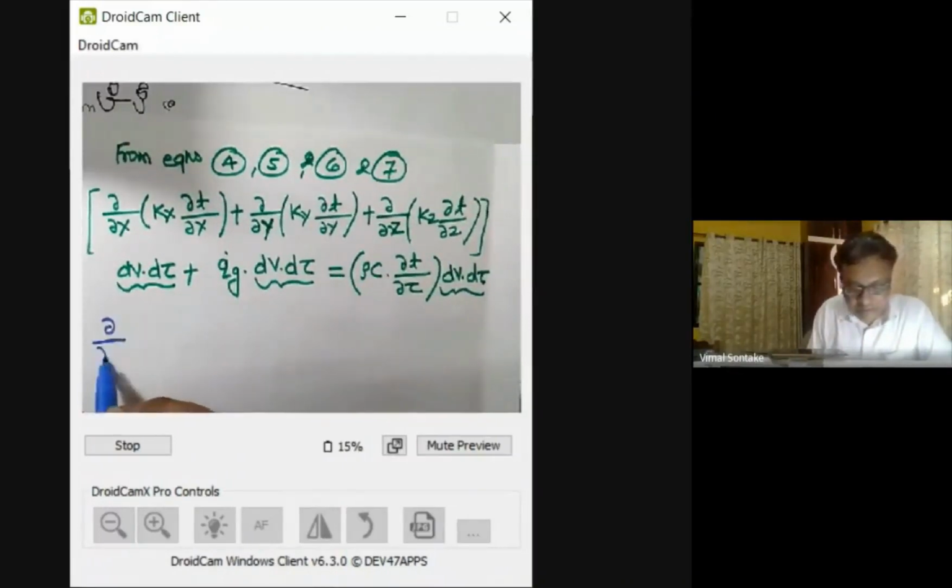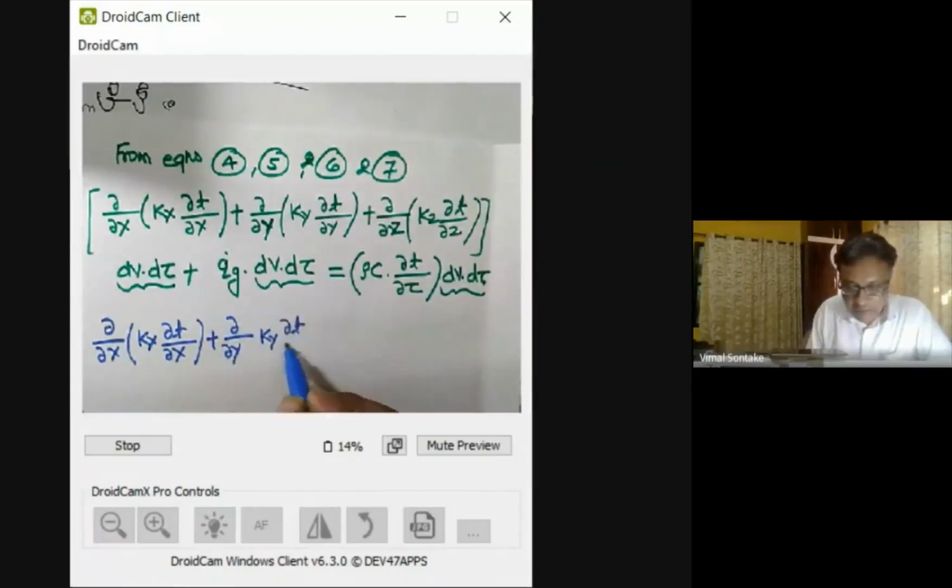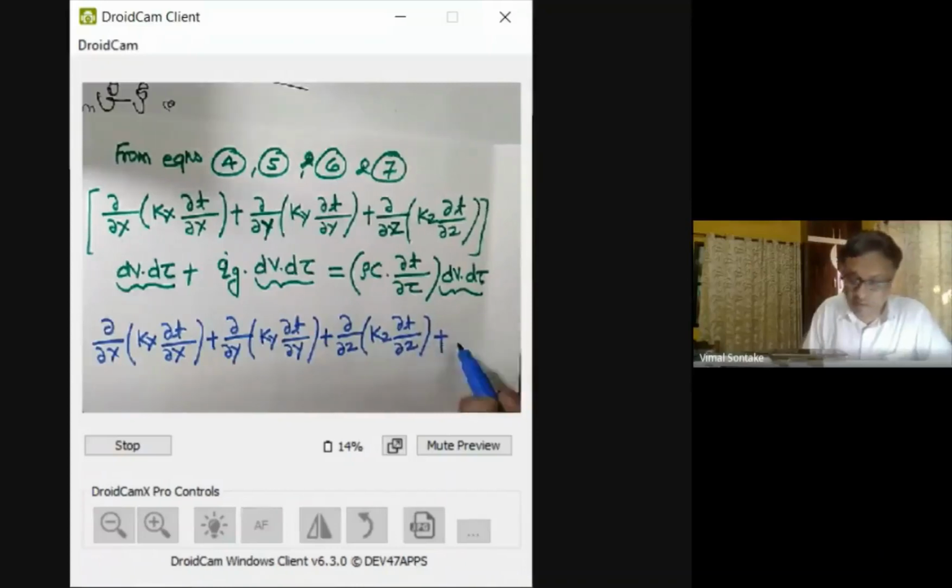Del over del x, kx del T over del x, plus del over del y, ky into del T over del y, plus del over del z, kz del T over del z, plus q dot g on the left hand side is equal to rho c del T over del tau.